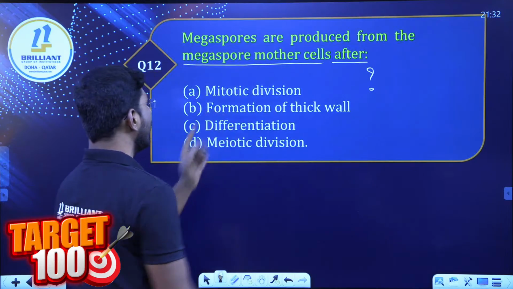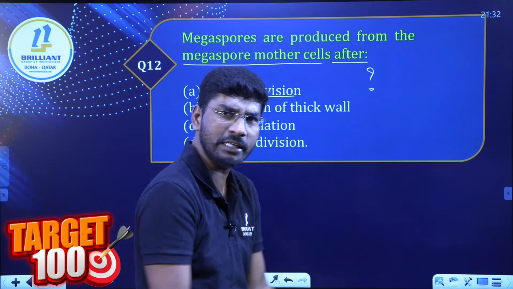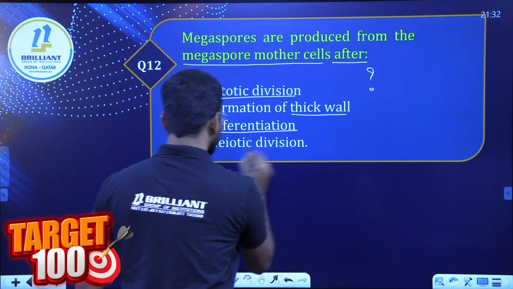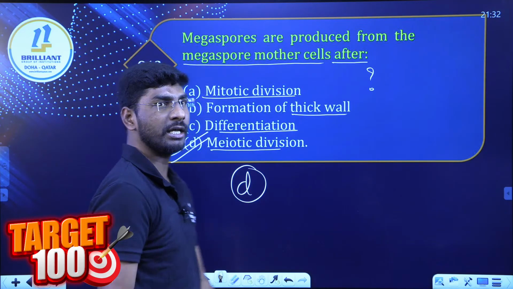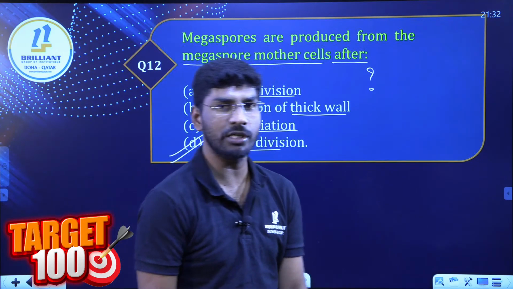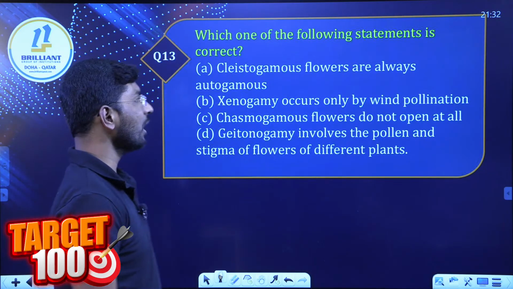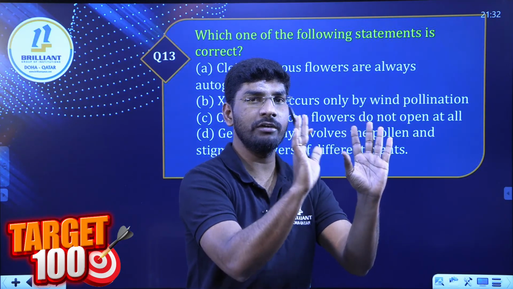What is the division? Mitotic division? Mitotic division normally takes place in somatic cells, right? Leave it. Formation of a thicker wall, differentiation, meiotic division. Right? Answer is option D. It's also called the reduction division.